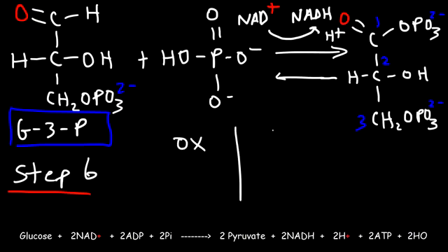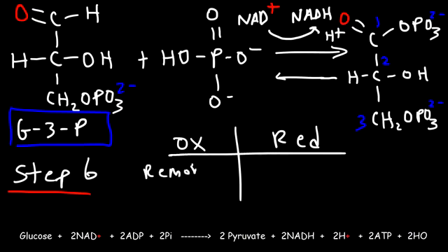And just to review, oxidation occurs when you either remove hydrogen or if you add oxygen. Reduction occurs if you add hydrogen or if you remove oxygen. So looking at this reaction here, going from NAD plus to NADH, we're adding hydrogen.